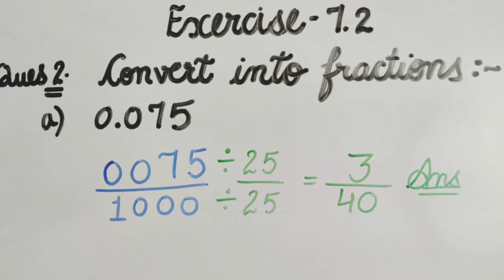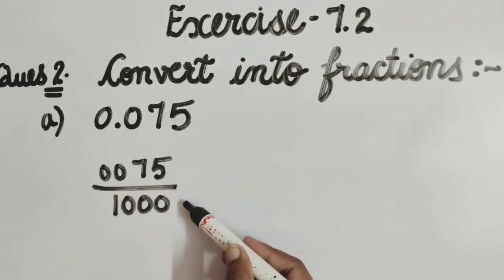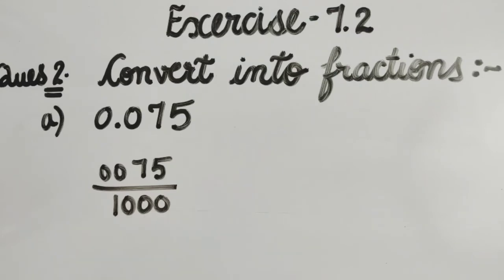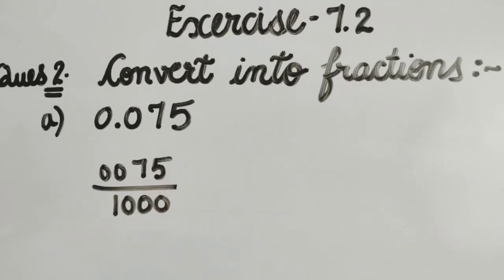The second way to do this question is, we have to check whether the numerator and the denominator can be divided properly by any table. I have recognized that 75 and 1000 both can be divided by 5 properly, with remainder 0 after dividing.